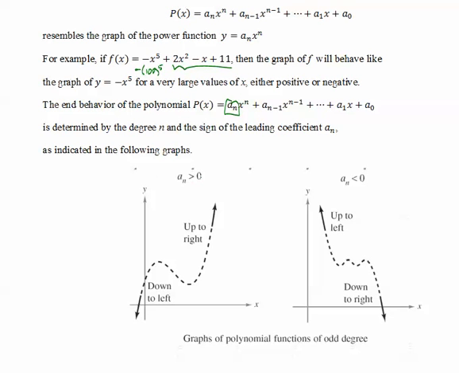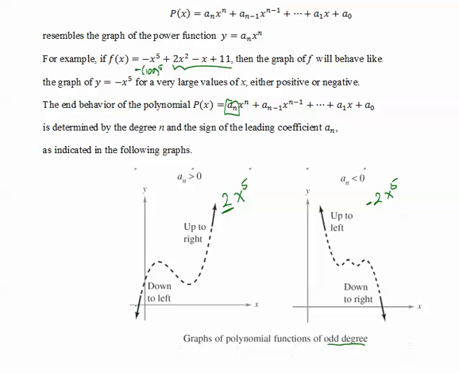So if a_n is positive and the degree is odd, for example, if we have 2x to the fifth, the leading coefficient is positive and the highest degree is odd. Here we'll also have negative 2x to the fifth.